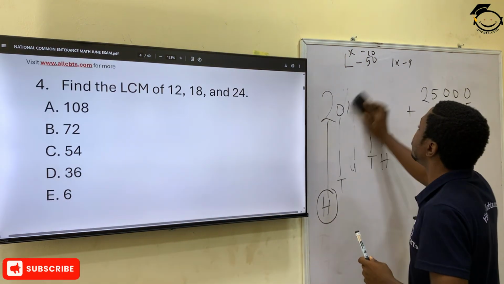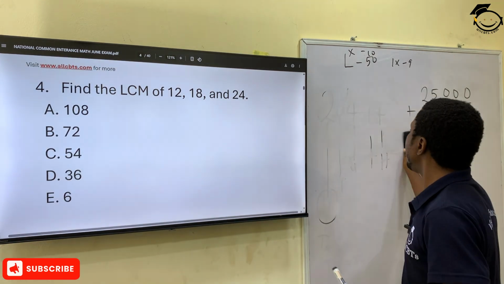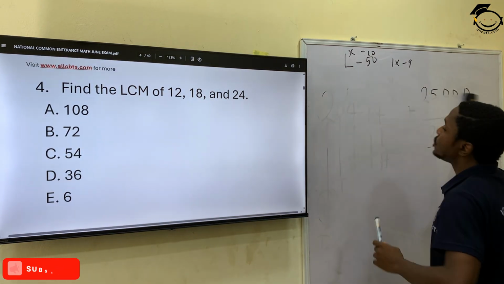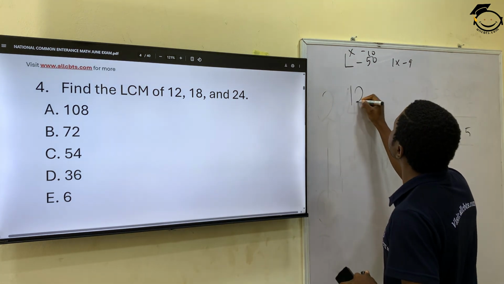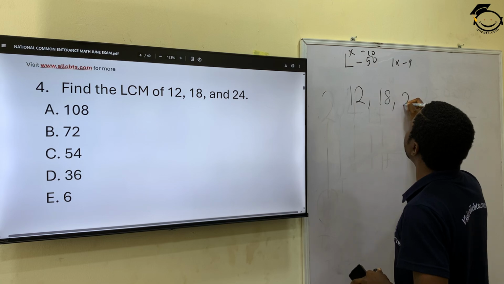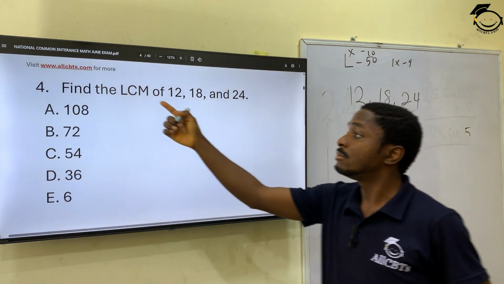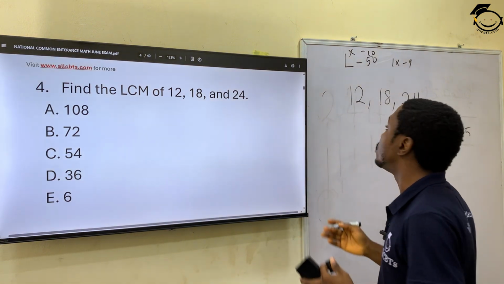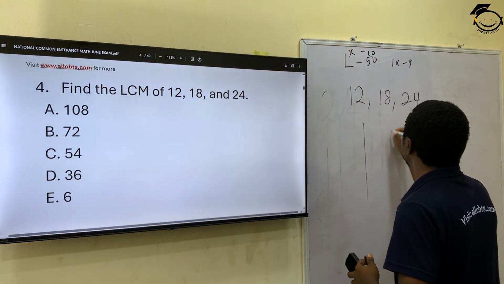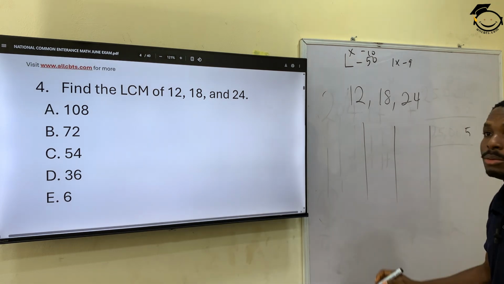Question number 4. Find the LCM of 12, 18, and 24. What's the meaning of LCM? It's an abbreviation for lowest common multiple. So what you need to do is simply put it in your table.